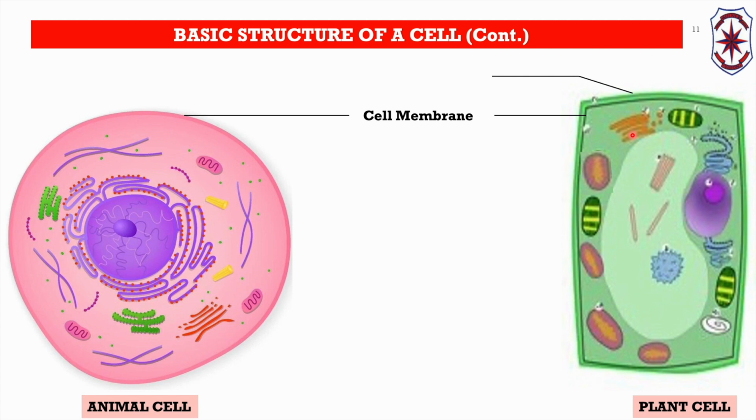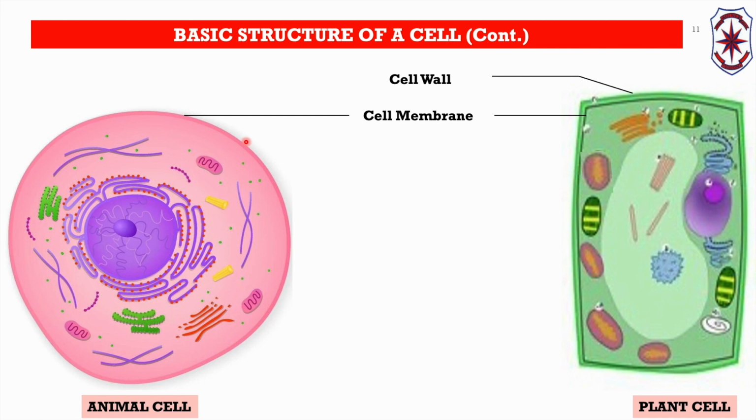So it is mainly responsible for permeability. Which part of the cell did we say plant cells have, but animal cells don't? And this part is quite tough. It is made up of cellulose, and it offers protection for the plant cell. Still remember? That part is called the cell wall.